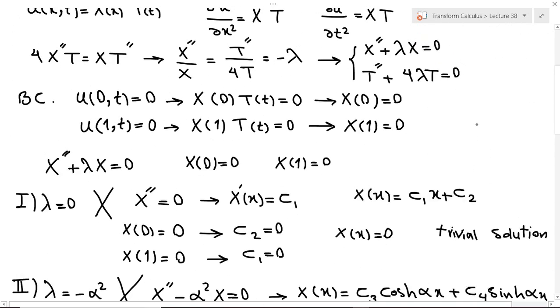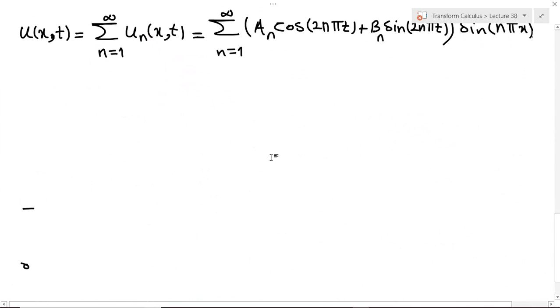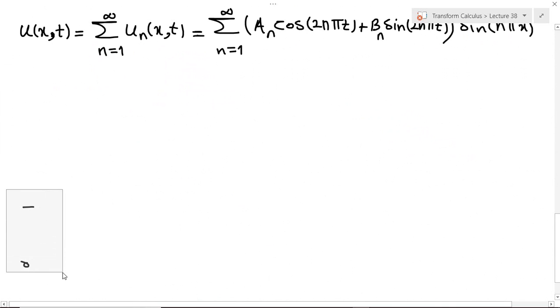So the first initial condition that we have says that u of x and 0 is equal to sine pi x. Now I plug 0 into our solution, u of x and t.